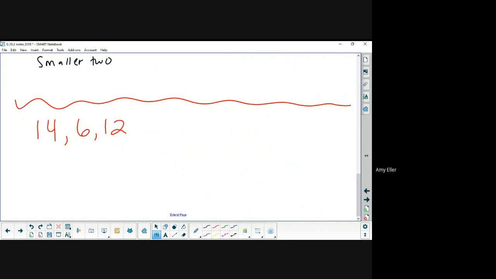Well, remember, the smaller two always go first, always compared to the largest. 180 is less than 196.